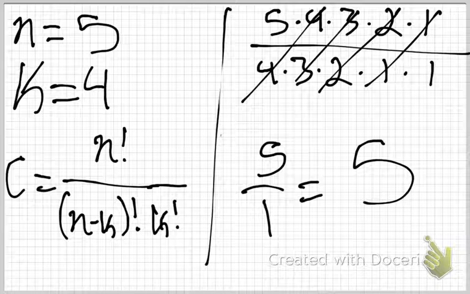We found earlier that the total number of combinations amongst 5 siblings, if you had to choose 4, was equal to 5. And so our formula works.